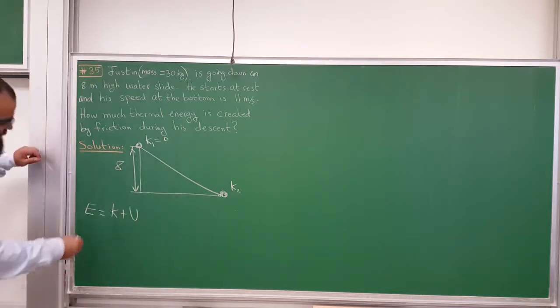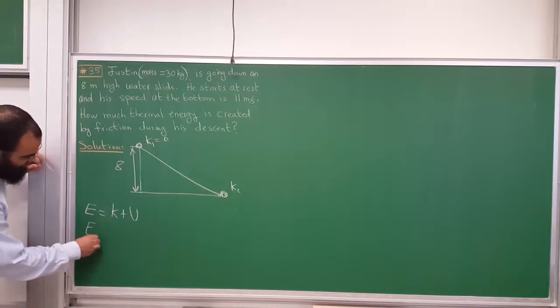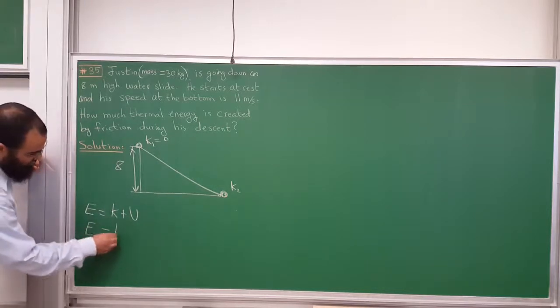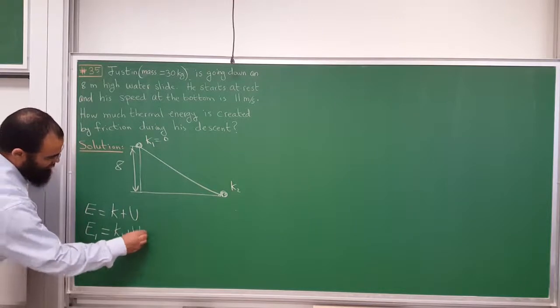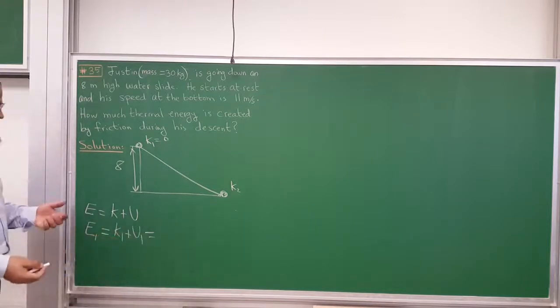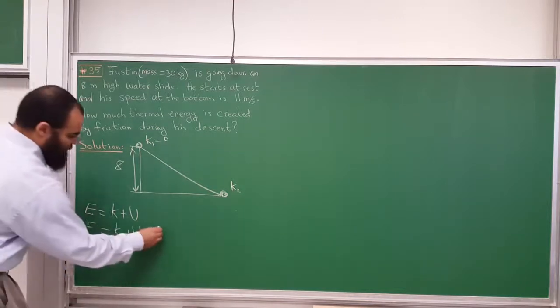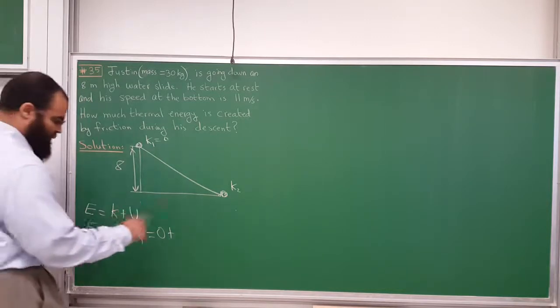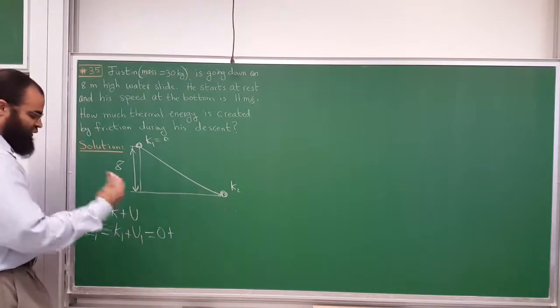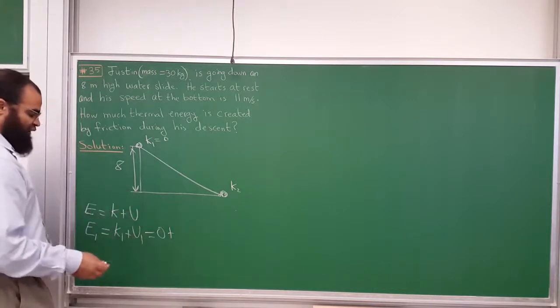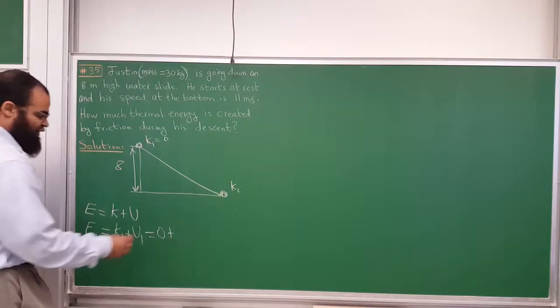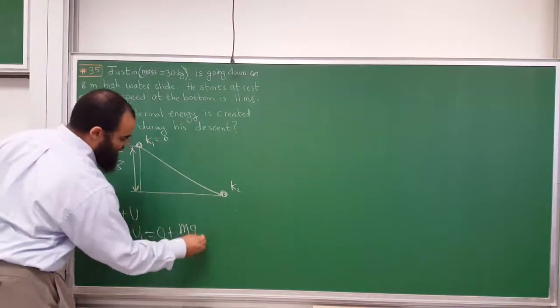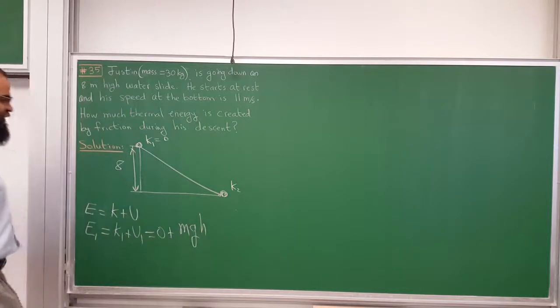So his total energy at the beginning, let me call it E1, will be K1 plus U1, but the kinetic energy at the beginning is 0 because he's not moving, so that's a 0, plus his potential energy. Remember, gravitational potential energy is the mass times gravity times the height, mgh or mgy.